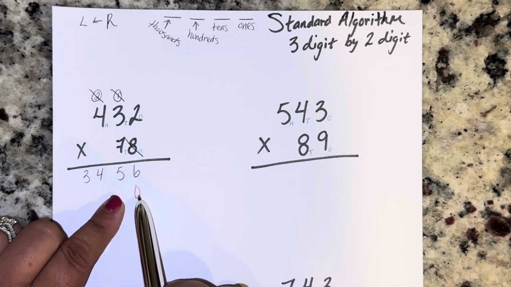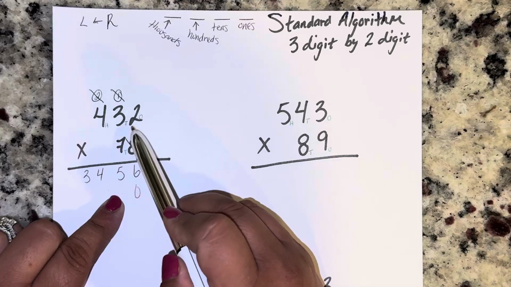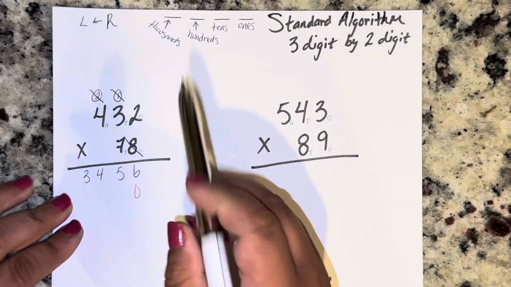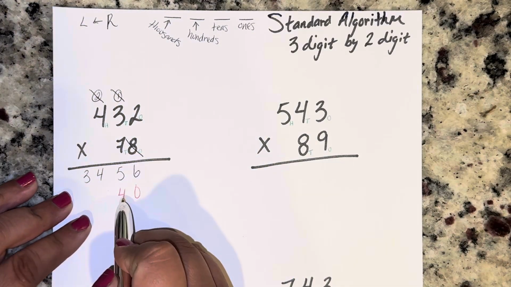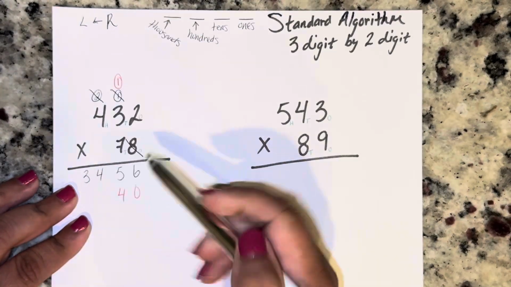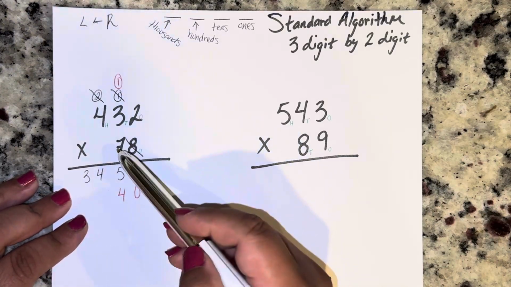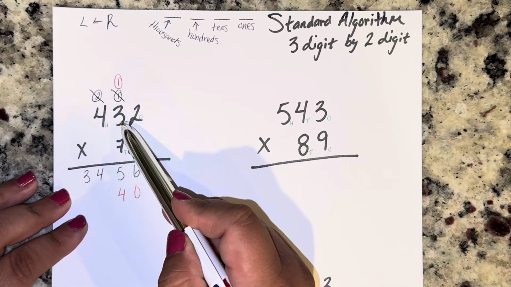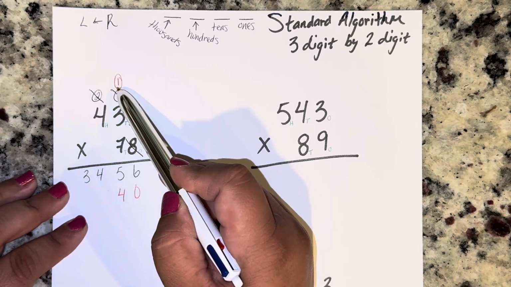Now that I have my placeholder, we can multiply. So we do 7 times 2 is 14. I'm going to bring my 4 down and I'm going to regroup my 1. I'm going to circle it to indicate that I need to add that once I get to that point. 7 times 3 is 21 plus 1 is 22.